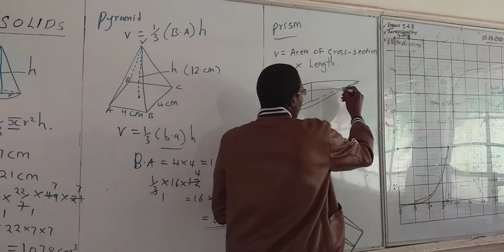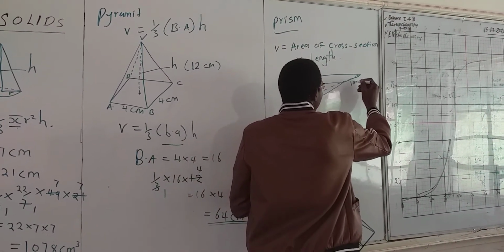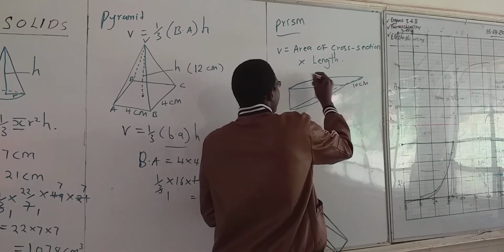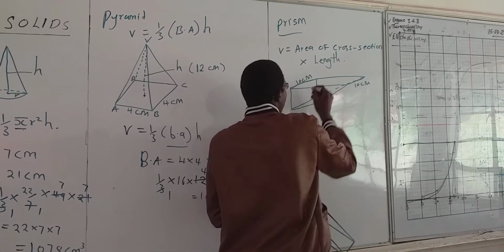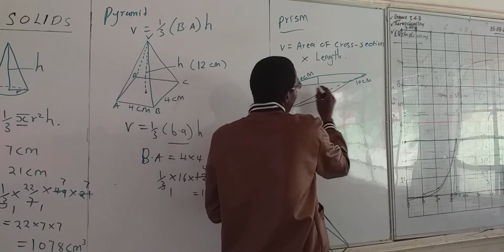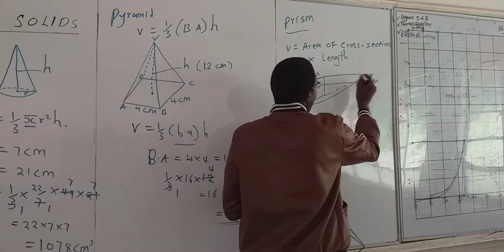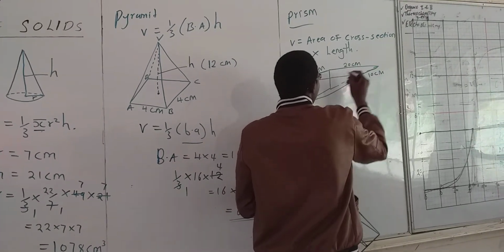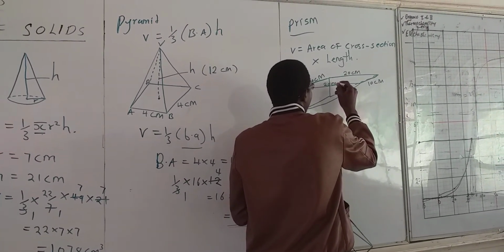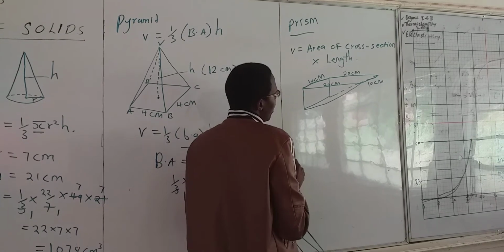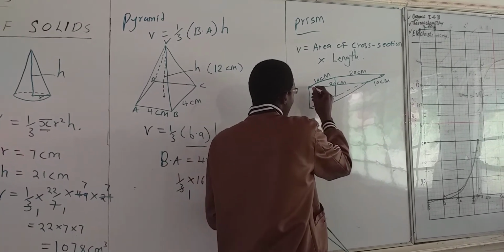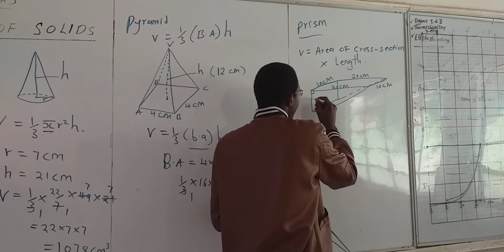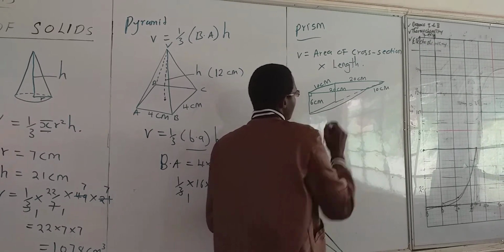Now, let us assume from here up to here is 10 centimeter, which is equivalent from here up to here, which is 10 centimeter. Then from here up to here, which is equivalent from here to here, is 20 centimeter. This is also 20 centimeter. Then from here up to here is 6 centimeter.